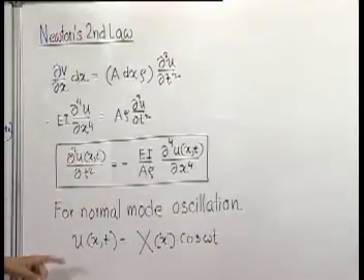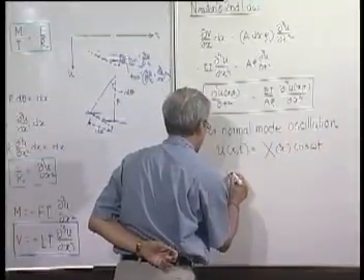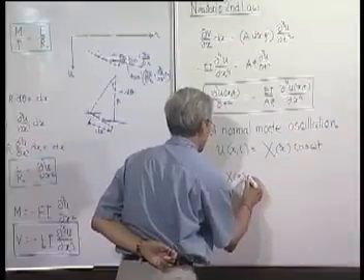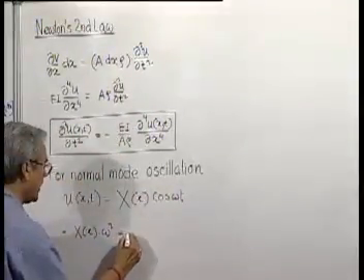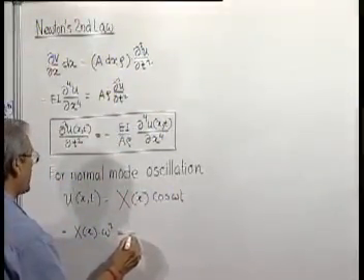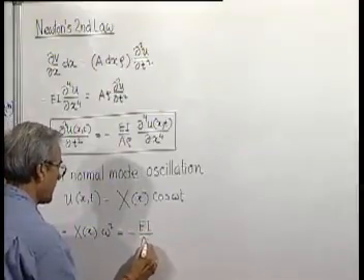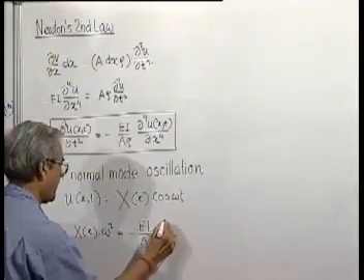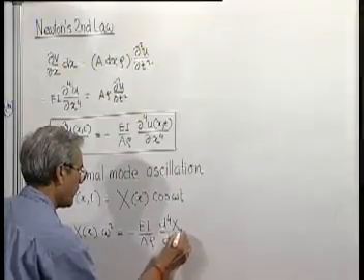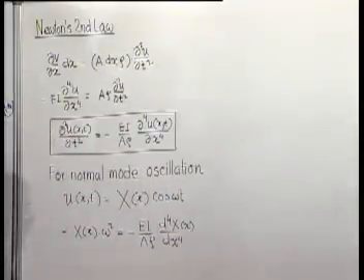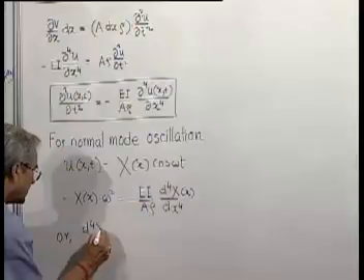When you substitute this here, you get minus x into omega square, cosine omega t gets cancelled from both sides, and the final form you can write like this.